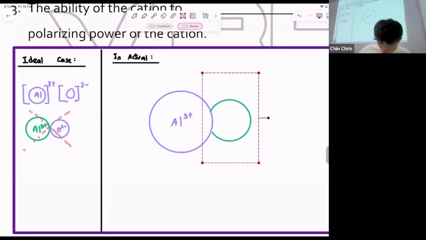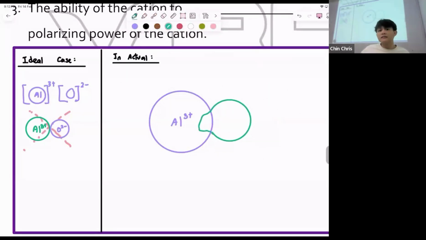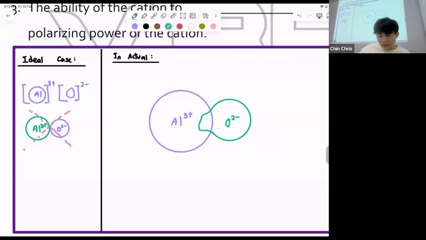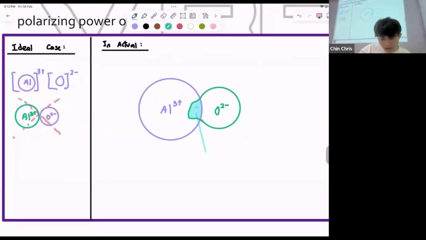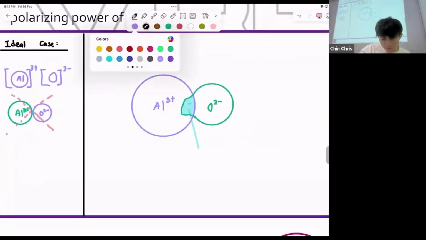So basically, they get dragged inside, and it does look something like that. When this thing occurs, we call it ion polarization.